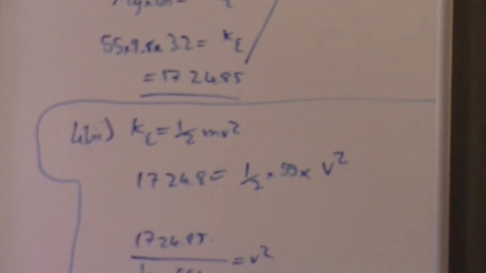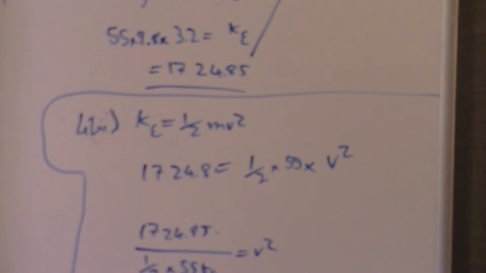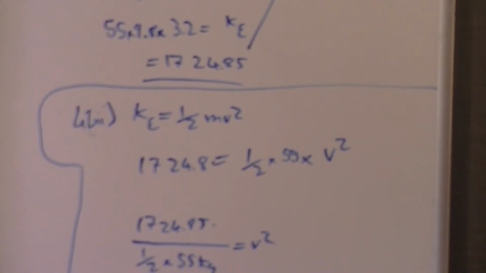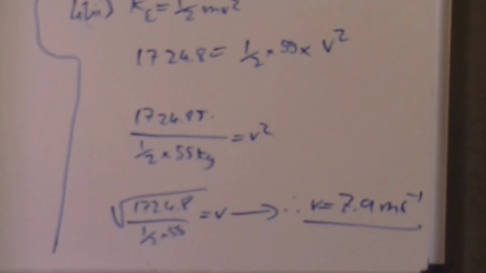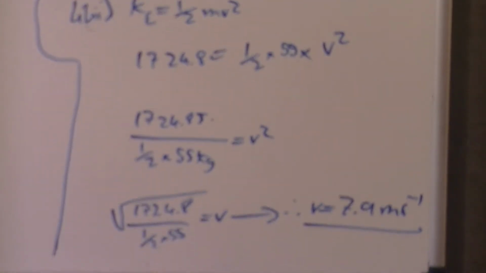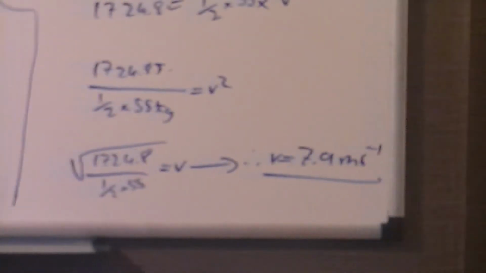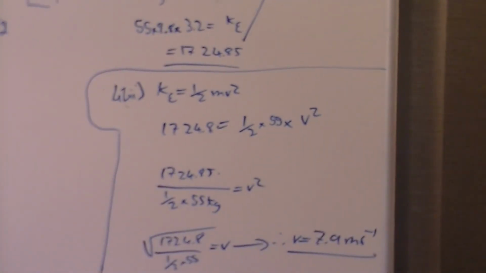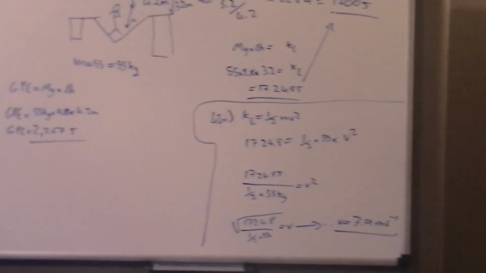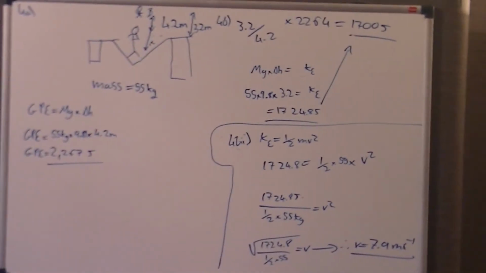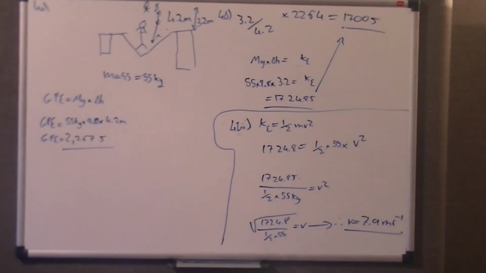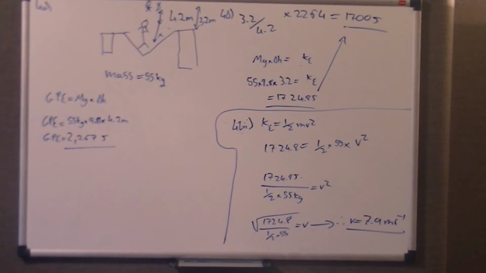So you can just put the energy for GPE into kinetic. We know the mass, we don't know the velocity, substitute in, square root it, and that gives us v, 7.9 meters per second, to two significant figures. Hopefully that's cemented your understanding a bit more, and you've had some physics fun in the process.